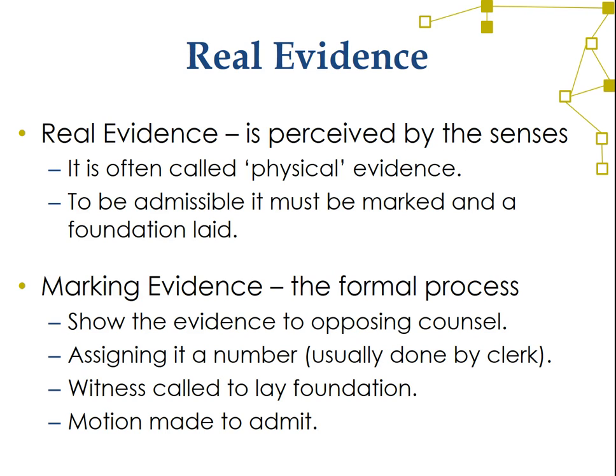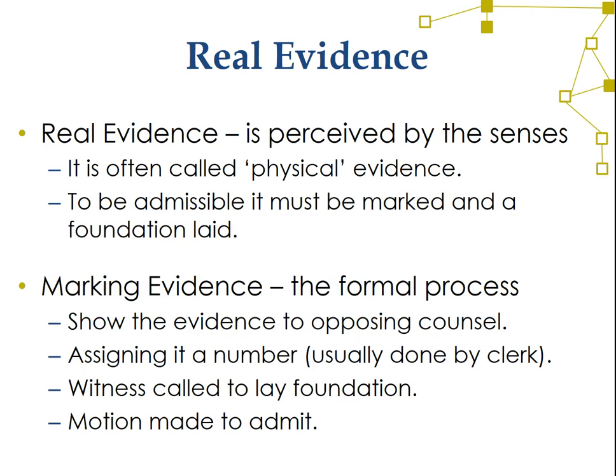Second, the side that intends to introduce the item has the court clerk assign it a number or a letter for identification purposes. And then third, witnesses must be called to, remember, lay the foundation necessary to show that each item is admissible. It's relevant and we need it.